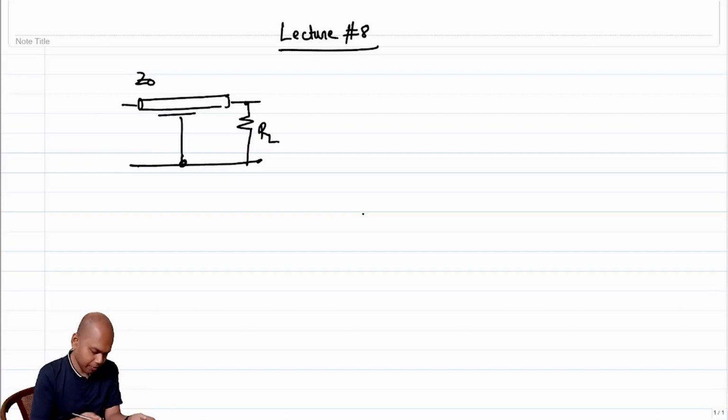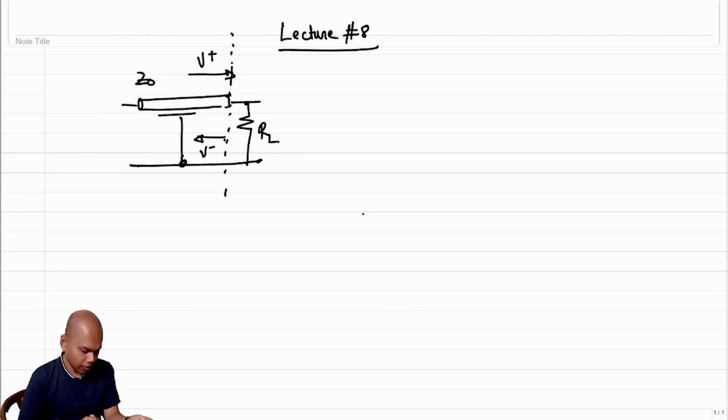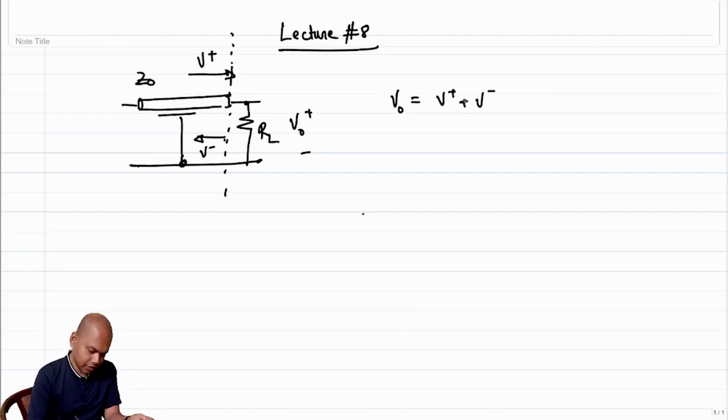Let's assume, like before, that I have a forward going wave V plus at the load end, and a reflected wave V minus. What is the voltage at the output? V naught is nothing but V plus plus V minus.